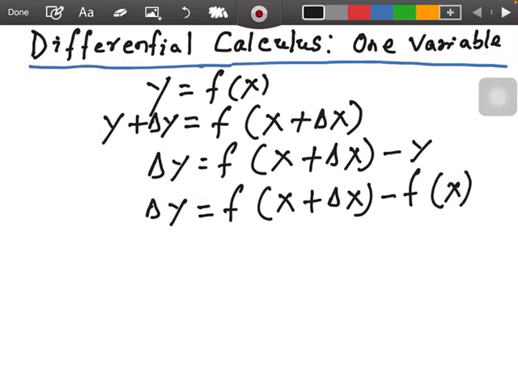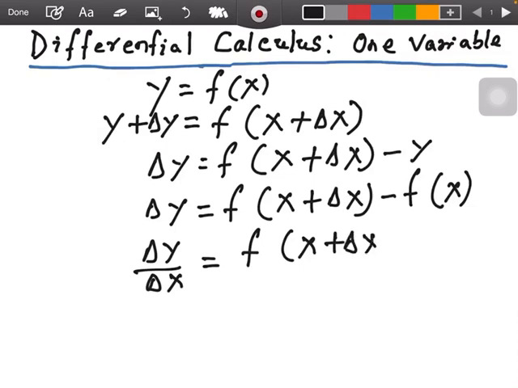Now dividing both sides by delta x, delta y by delta x is equal to f of x plus delta x minus f of x, by delta x.